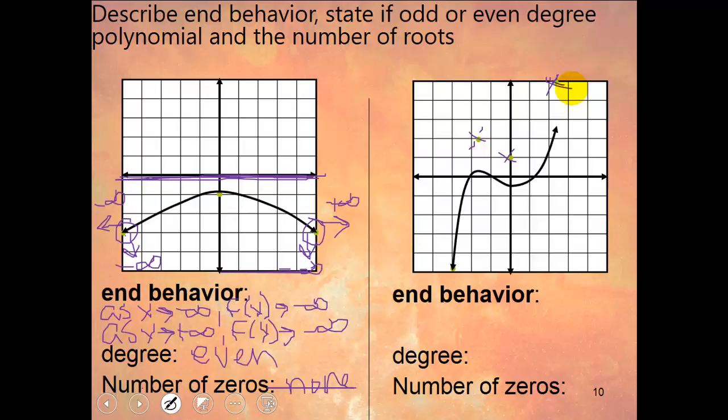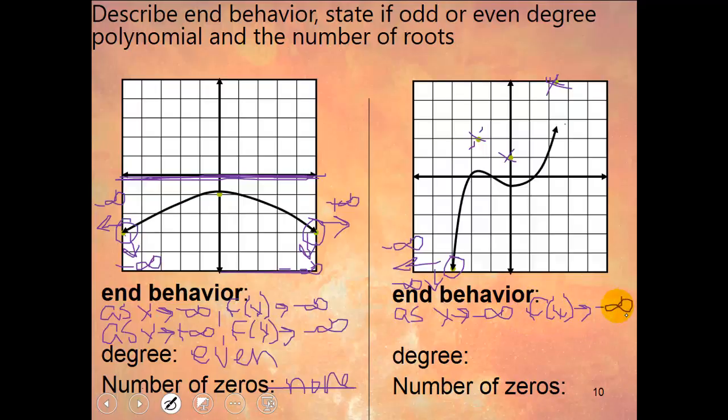So my end behavior, as x goes to negative infinity, this one is going to negative infinity. So as x goes to negative infinity, f of x goes to negative infinity.